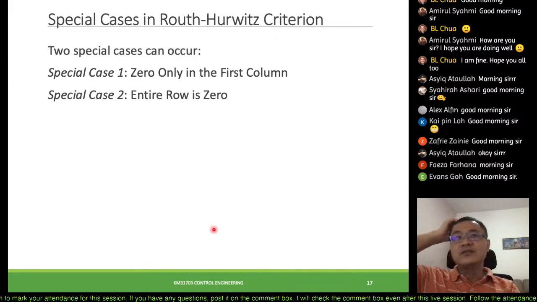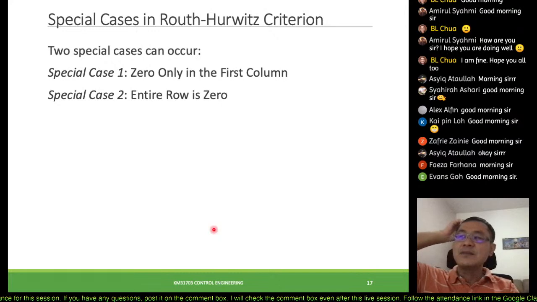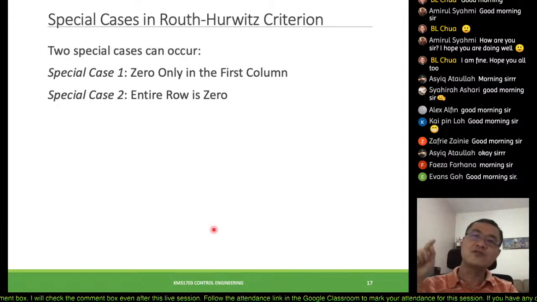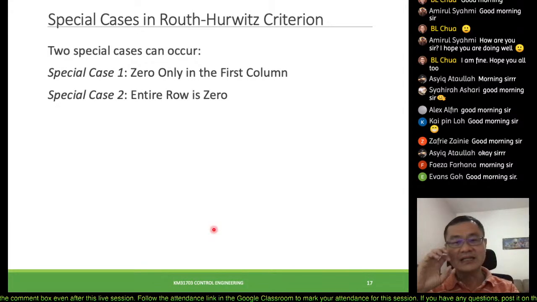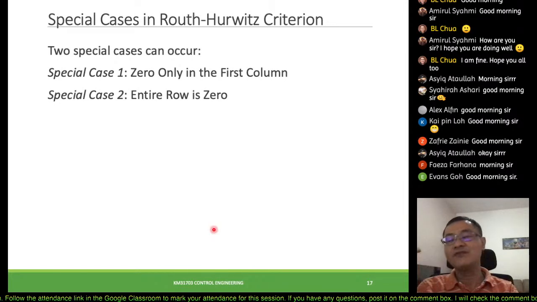When we deal with the Routh table, two special cases may happen, okay, which deal with zero, because we have to divide by a number. Okay, if that number is zero, then we have the problem.